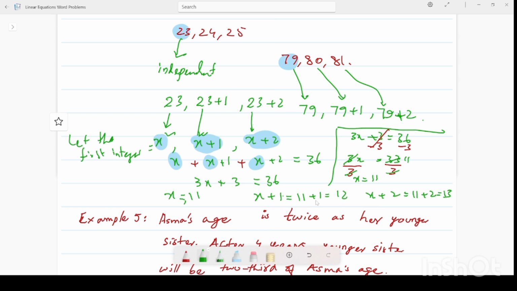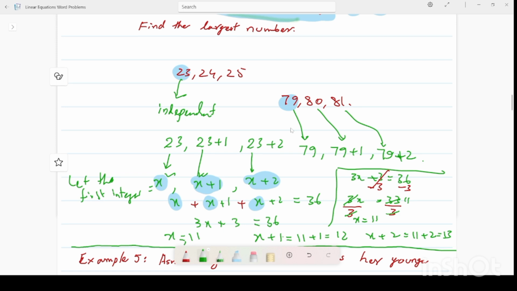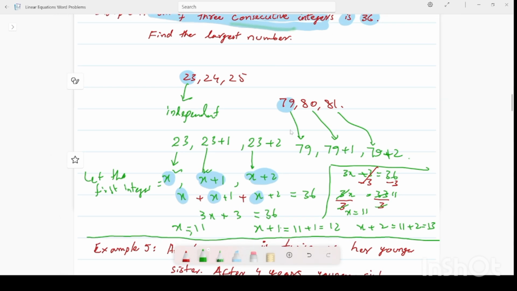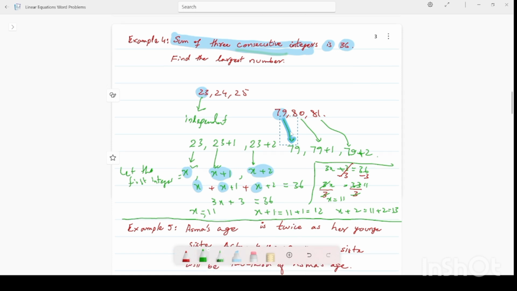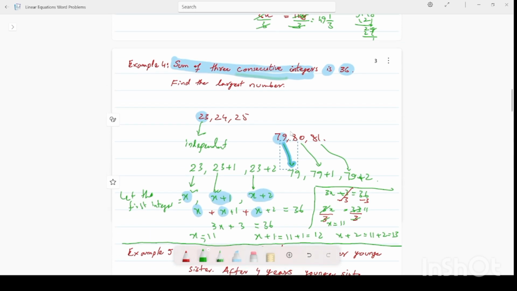These are the integers found with the help of the dependent variable and independent variable. Now read the question again, so it will be easy for you to understand and get a grip on the concept of how to understand the problem and then solve the consecutive integers problem. Hope you understand. If you have any problem, you may let me know. Thank you.